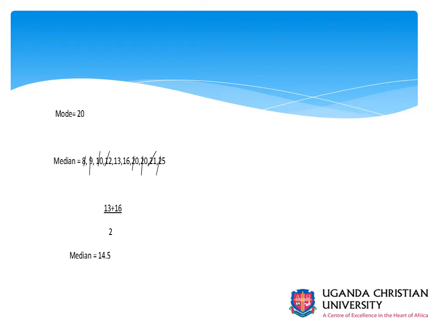Then the median. For the median of ungrouped data, or simple data, we have to rearrange the observations in ascending order, I mean from the smallest to the biggest. As we arrange from 8 to 25, we cancel from both ends and see the numbers that remain in the middle. Assuming that we had an odd number, it would be very simple.